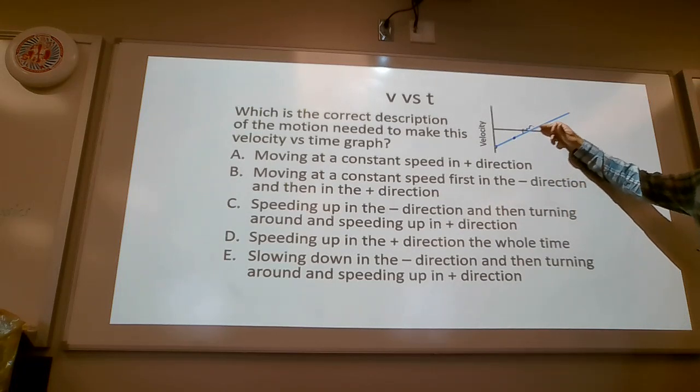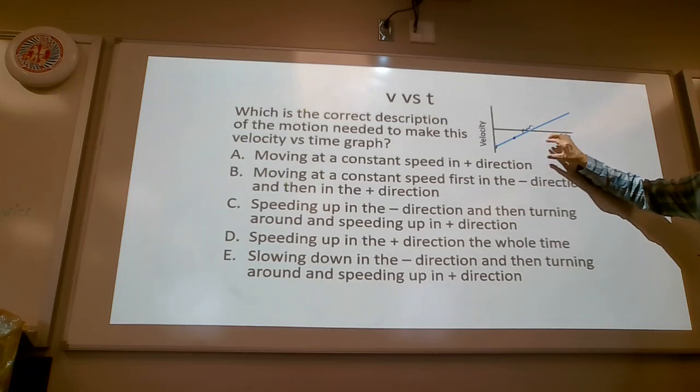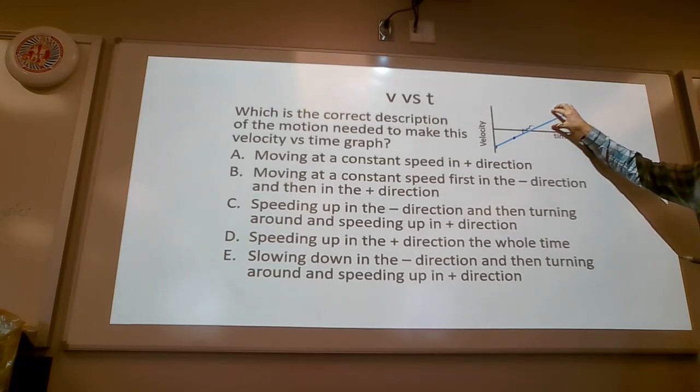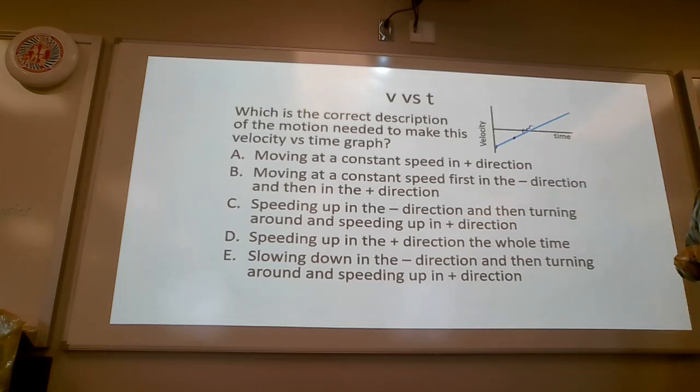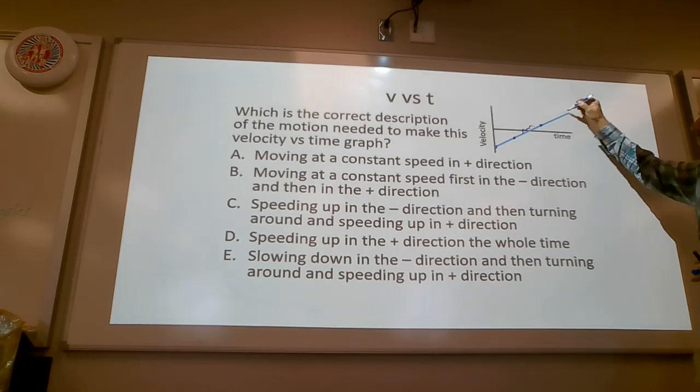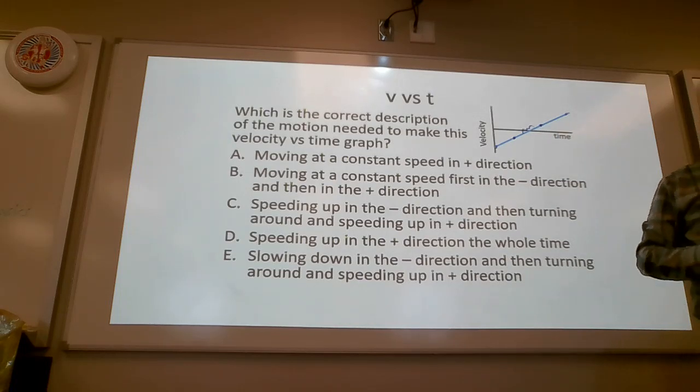Slowed down, stopped, turned around, and went in the other direction. We switched from negative direction to positive direction. Seeing that? And then we increased speed in the positive direction. Pick points.